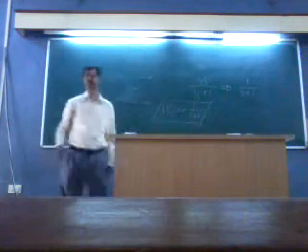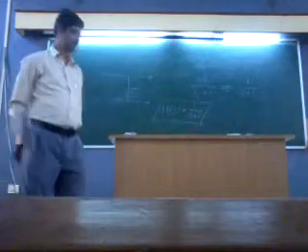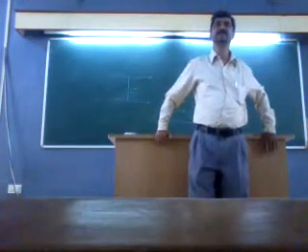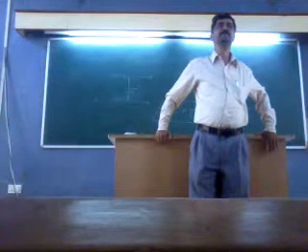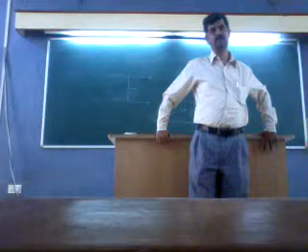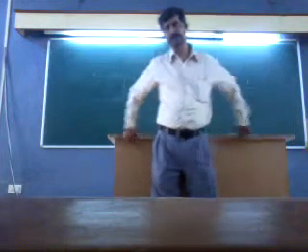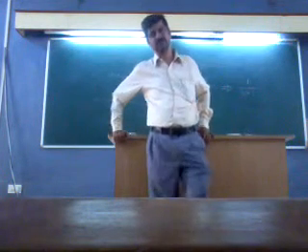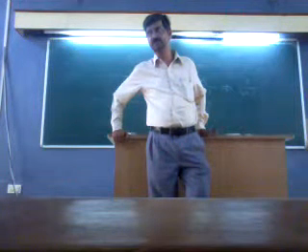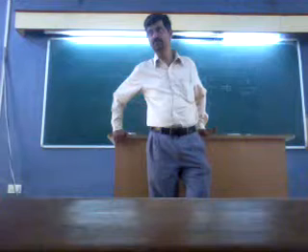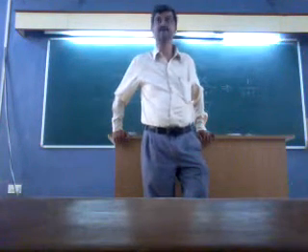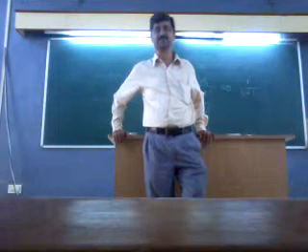What is the pole for this function? s equal to minus 1 is the pole of the function. Is it alright? Yes or no? And what is the zero for this function? Infinity. s equal to infinity is the zero for this function.